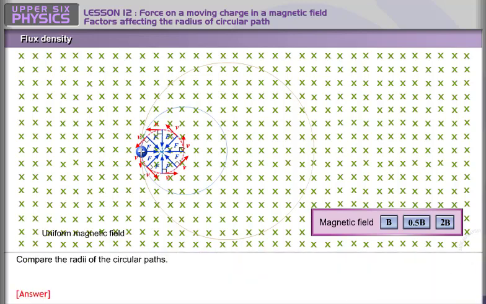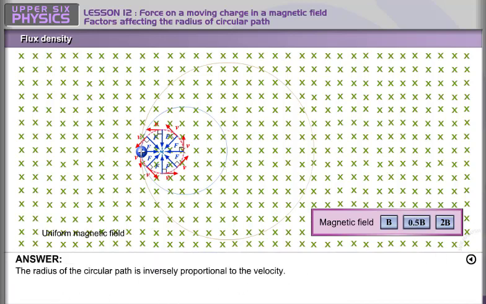Compare the radii of the circular paths. Answer: the radius of the circular path is inversely proportional to the magnetic flux density.